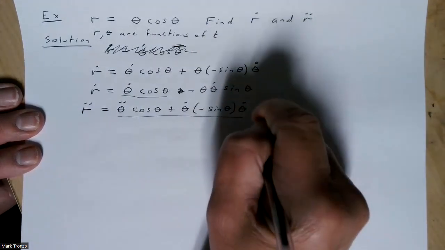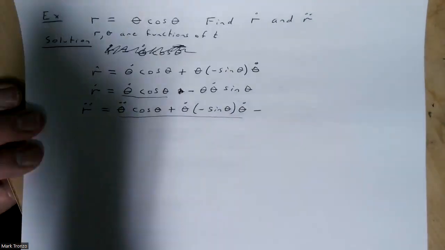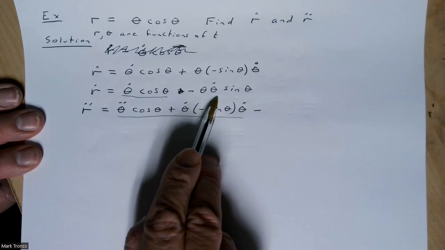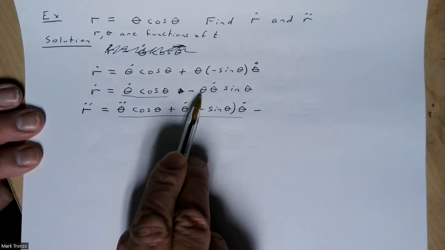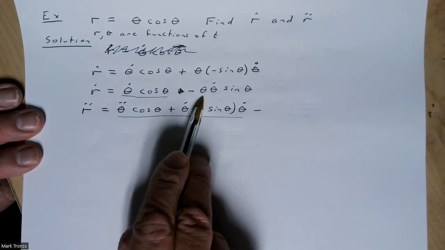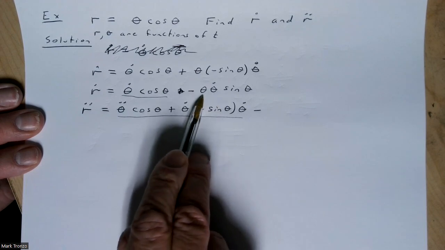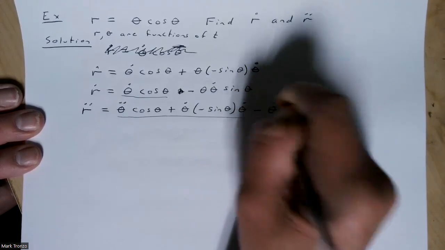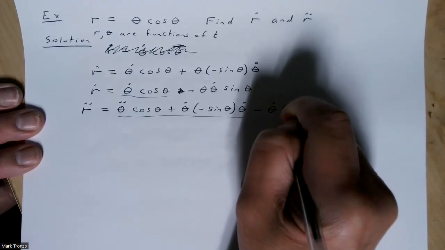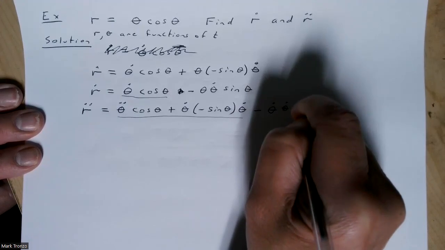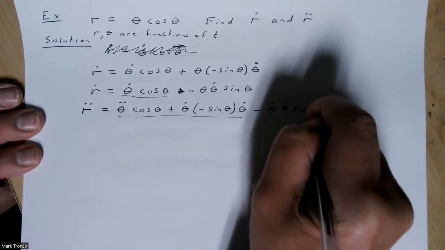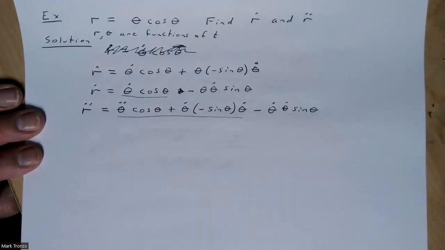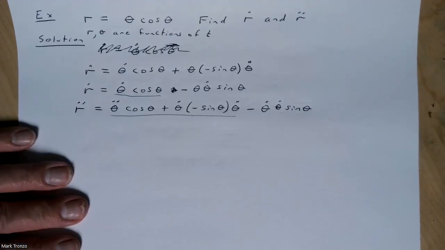Then over here, now we have a product of three things. So this will have three parts. It'll be derivative of first times the second and the third, like that.